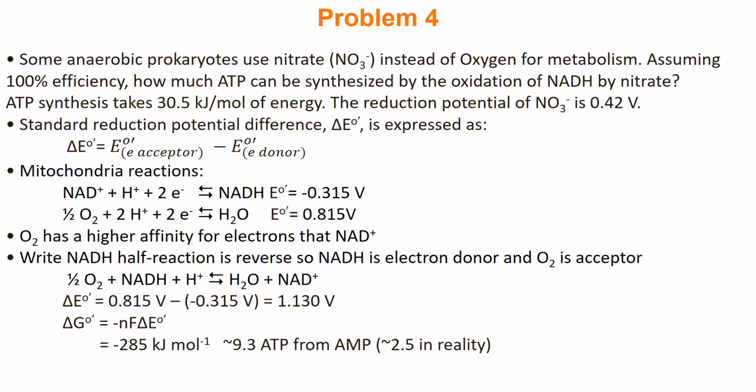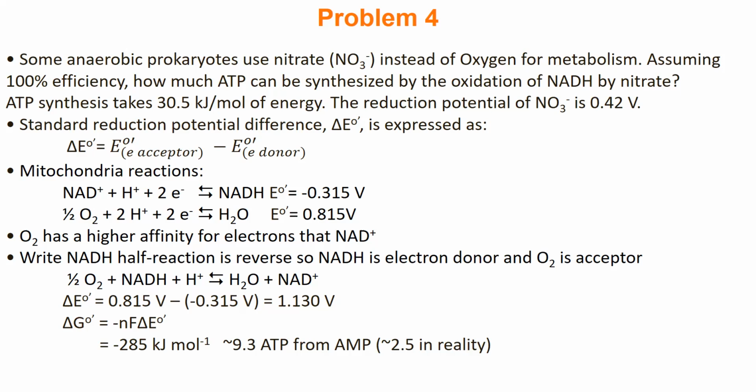Since we're probably going to ask another question like this, if not on test 2, definitely the final, let's remind ourselves how to do these calculations. Some prokaryotes who are anaerobic use nitrate instead of oxygen. So let's just say these organisms are 100% efficient.